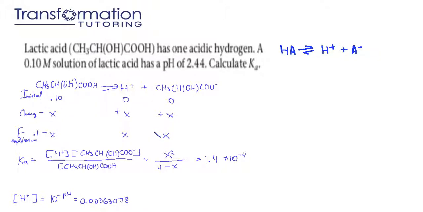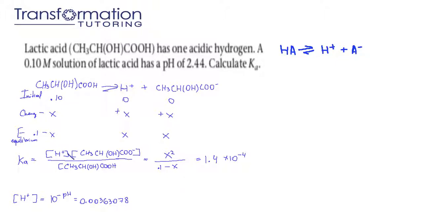Now that we have finished writing the ICE chart, the next thing that we should do is write the Ka expression or the equilibrium expression for the acid. The equilibrium constant expression is basically the concentration of products over the concentration of reactants. So I wrote H plus in brackets.